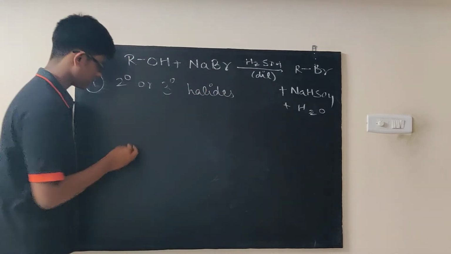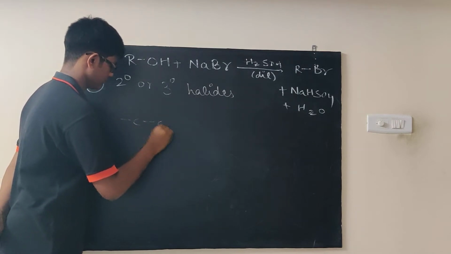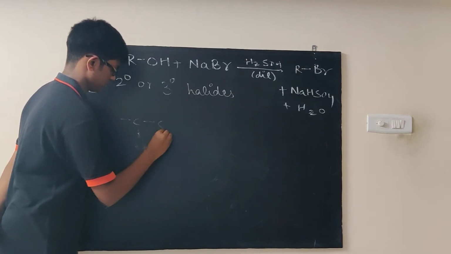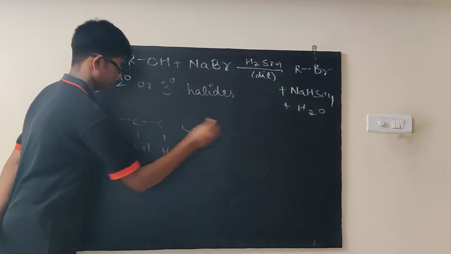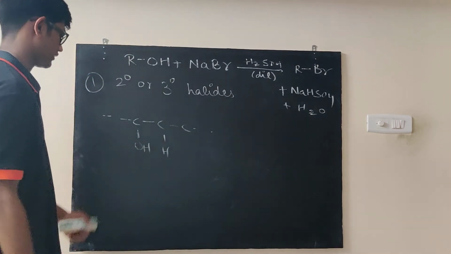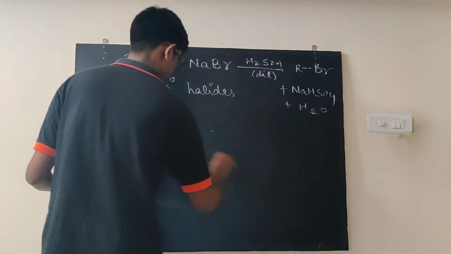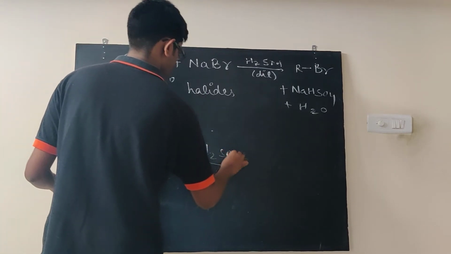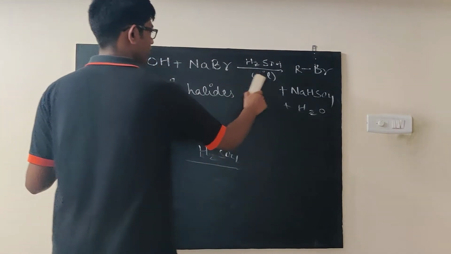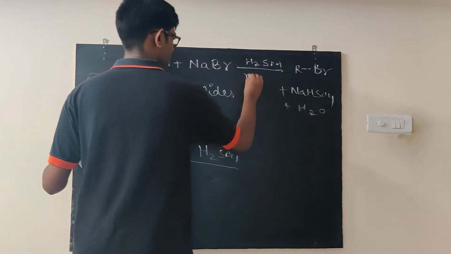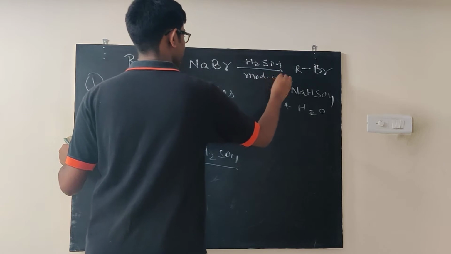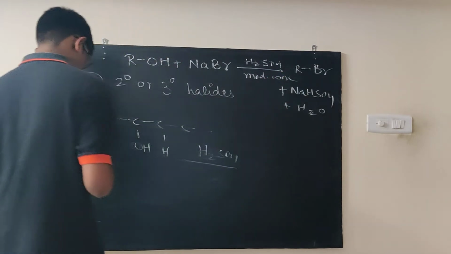Because if you remember, if I had something like this, for example, and I put this in H2SO4, actually, let's not make it dilute, let's make it moderately concentrated, because I will tell you why in a minute. So moderately concentrated or super concentrated, doesn't matter.